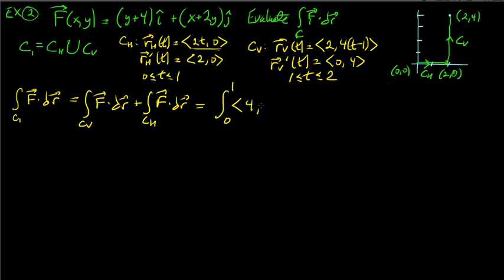And then the y component is x plus 2y, which is 2t plus 2 times 0, so it's just 2t. Then we take the dot product with 2, 0, and then integrate with respect to t.